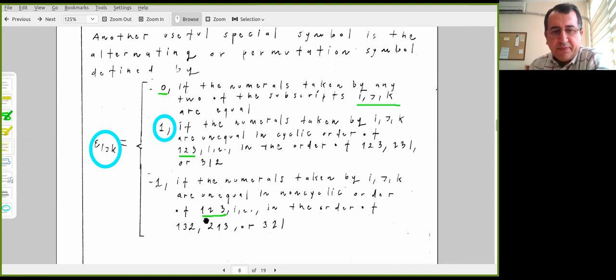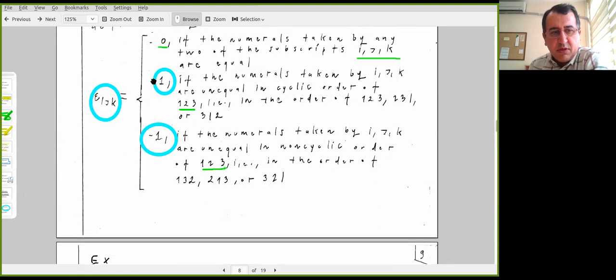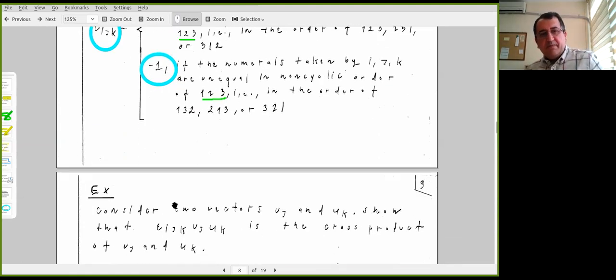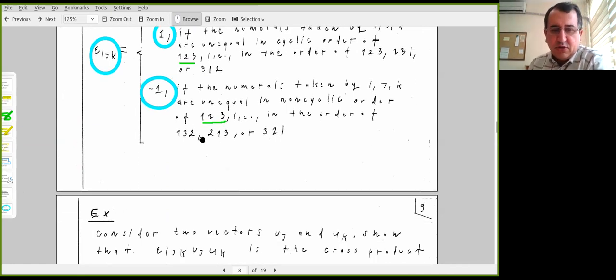For example, we are not moving in this direction, we are moving backwards: 1, 3, 2, 2, 1, 3, or 3, 2, 1. This is called non-cyclic order. In this case, this has to be minus 1. For example, E2 cross E1 is a non-cyclic order, and it's equal to minus E3, and that takes care of the minus sign. That's the definition of the alternating symbol, and we can use it to write the cross product in index notation.